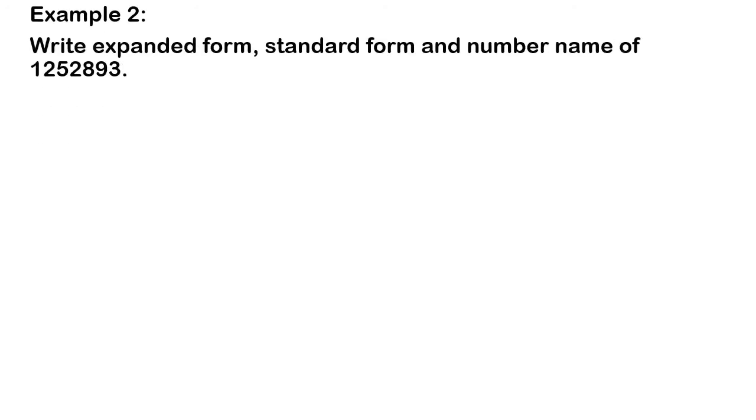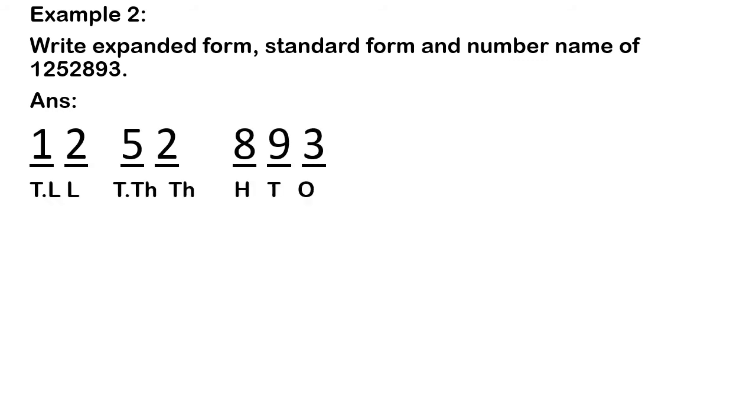Now example 2. Write expanded form, standard form and number name of the number. They have given a number. We have to write the expanded form, standard form and number name. The first step is we have to write the place value: ones, tens, hundreds, 1000, 10,000, lakhs and 10 lakhs.